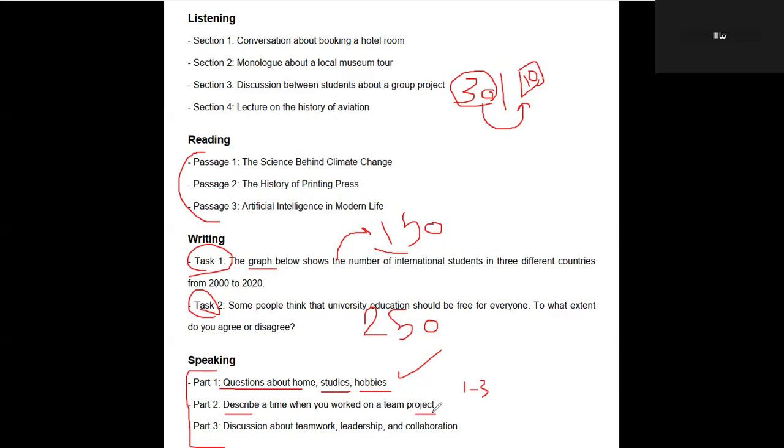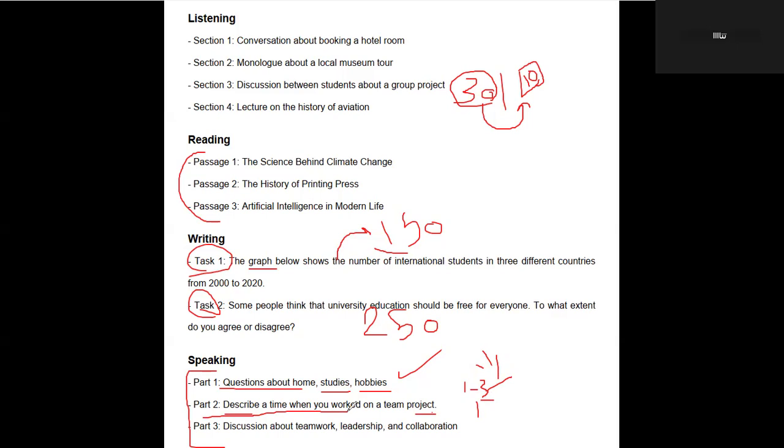He can ask you some questions about this topic while you are talking. He can take some notes and ask you more questions related to the same part, which is the description of a time when you worked on a team project.